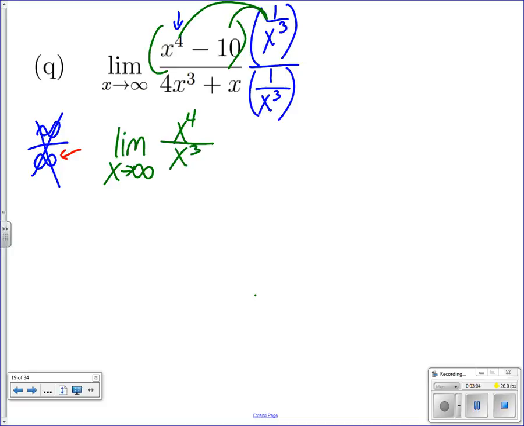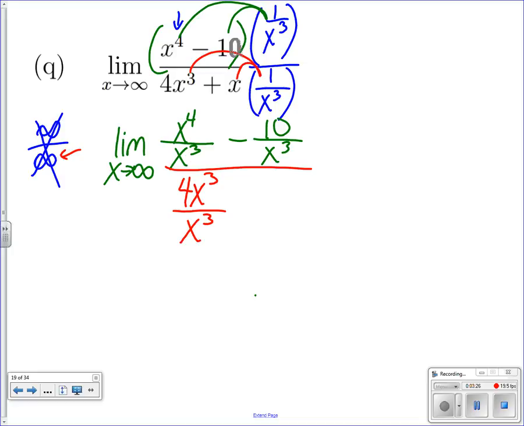We distribute it in: negative 10 times positive 1 is negative 10 on top, over x cubed. On the bottom, the exact same thing happens. We end up with 4x cubed times 1, which is 4x cubed, all over x cubed. Same thing with this x, plus x over x cubed.